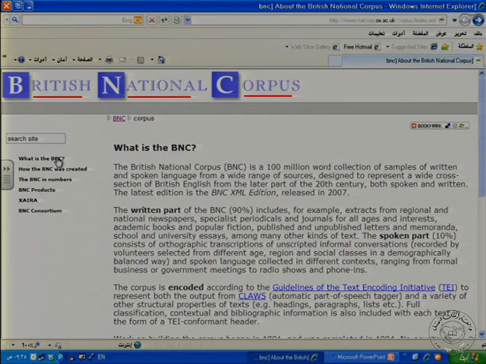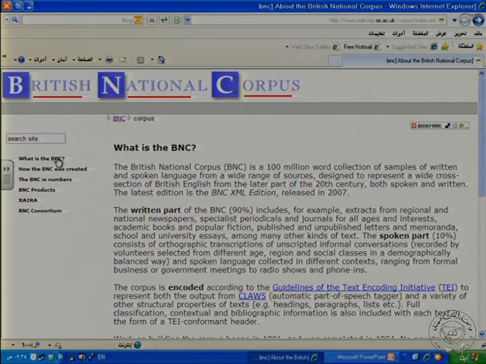10% consists of orthographic transcriptions of unscripted informal conversations, recorded by volunteers selected from different age, region, and social classes in a demographically balanced way. So they have some volunteers to record their conversations from different ages, from different classes, and in a balanced way.